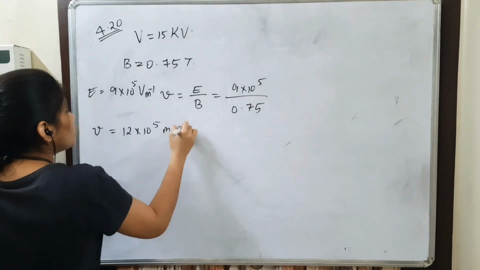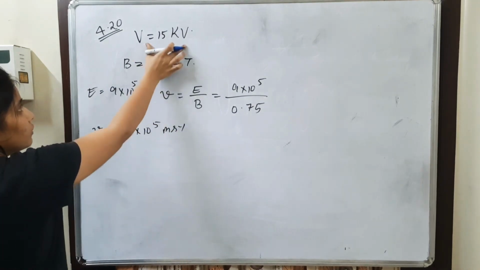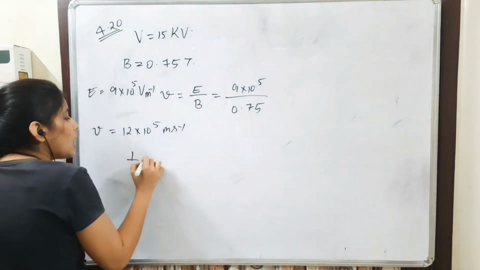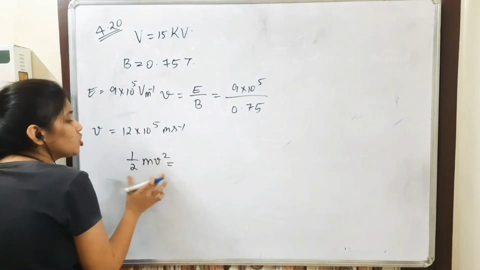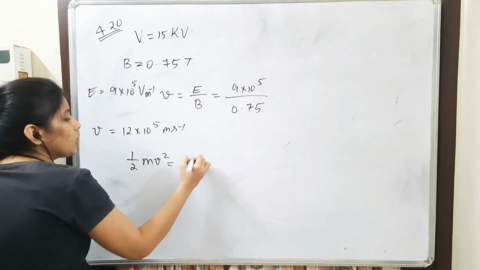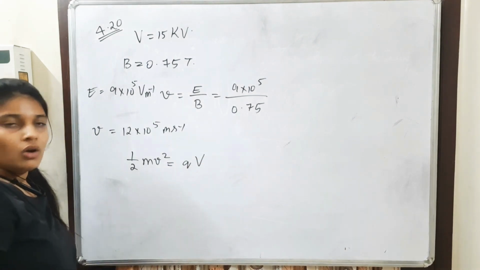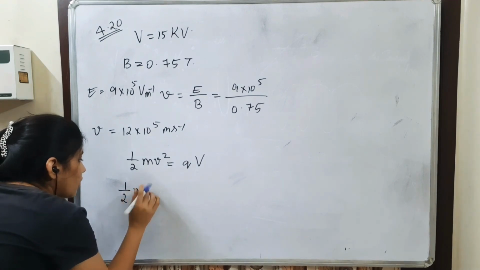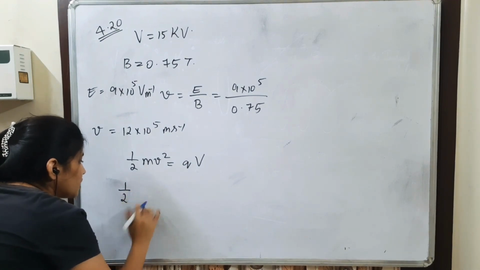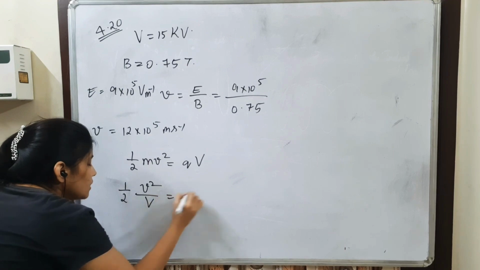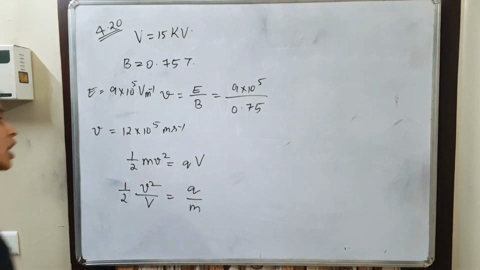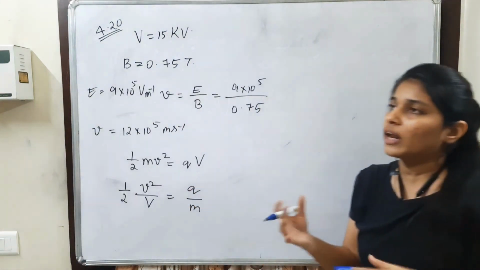Okay, now this velocity is coming from this potential. So you have half mv square. The kinetic energy of the particle is going to be equal to q times V. Okay, and you can substitute half into v square divided by capital V is equal to q by m, that is the charge by mass ratio. Now charge by mass ratio is very important for any particle.